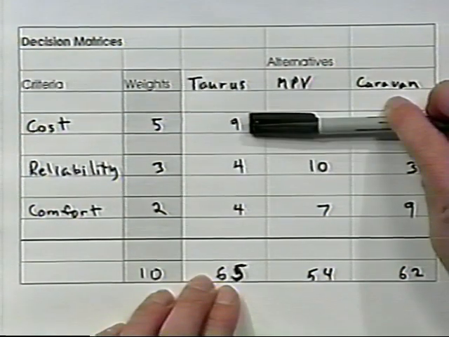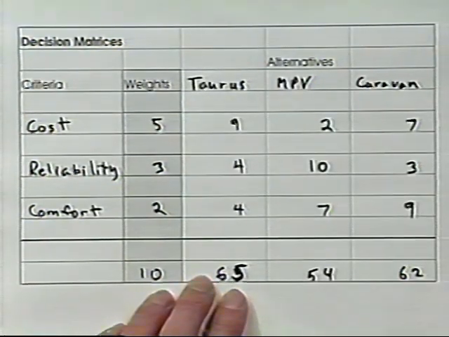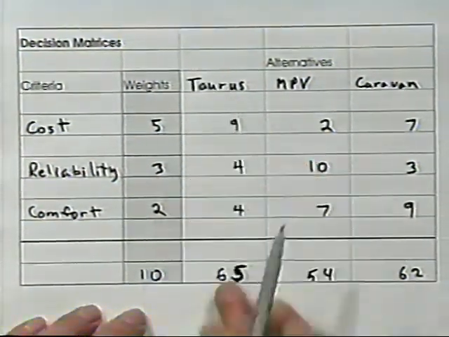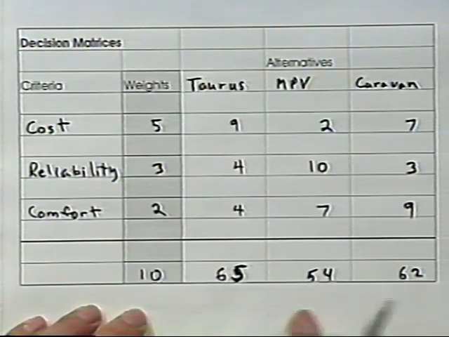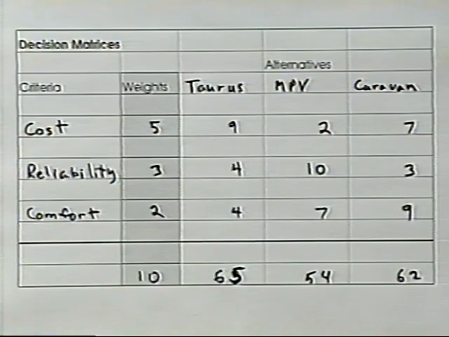Also, a higher rating contributing to a higher total value makes sense too, because it scores well with respect to that criterion. So Taurus is the best of the three, because it has the highest total score. So that's the relative interpretation of these scores.